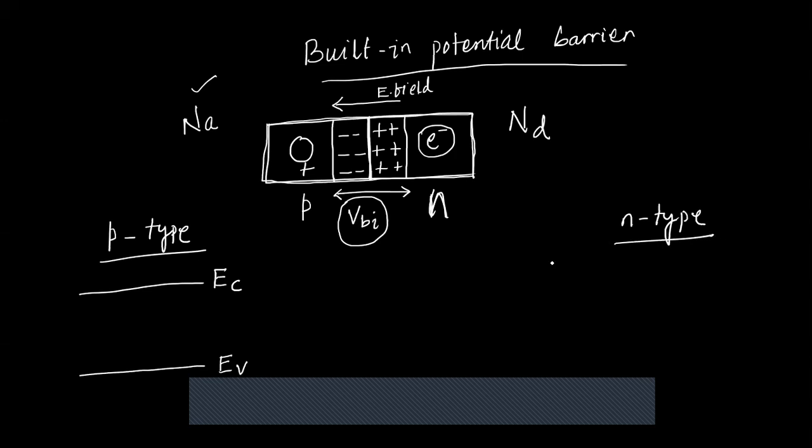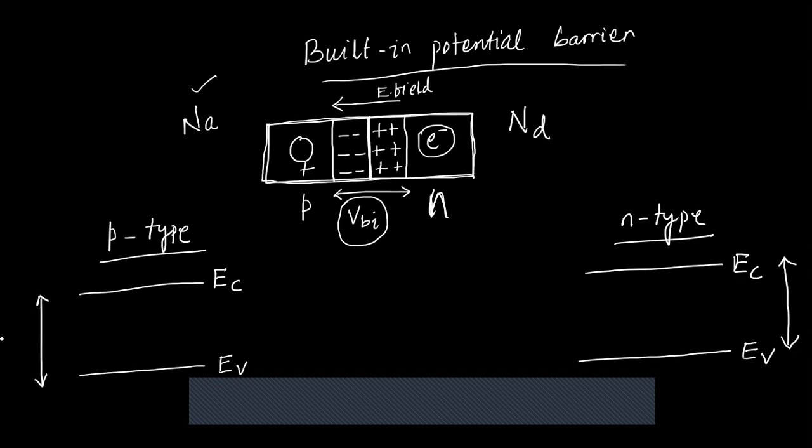I'm just drawing it separately, then I will tell you what will happen if I combine both the p and n type material. So this is the valence band. Here you can see the order, because it is the same silicon or germanium, so the order is up to about 1 electron volt.